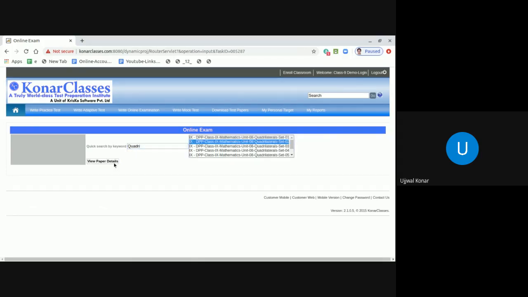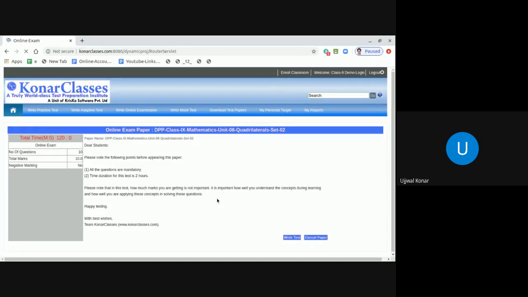Set 1 is already assigned, so set 2. Here is the instruction. After you read the instruction, you go for the right test and you start getting 10 questions, as you are aware, and you need to answer those 10 questions.